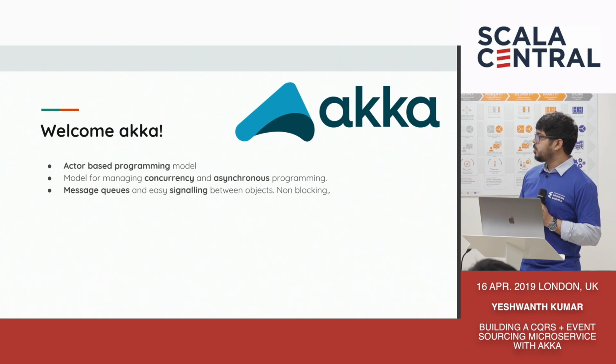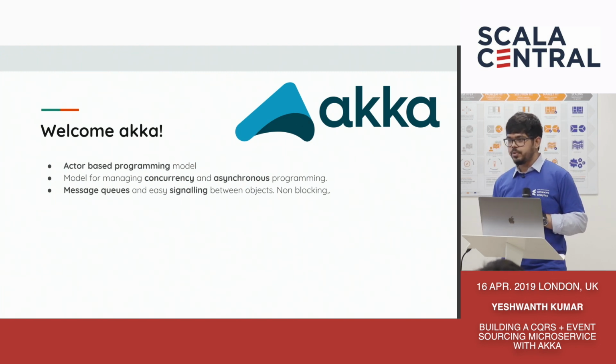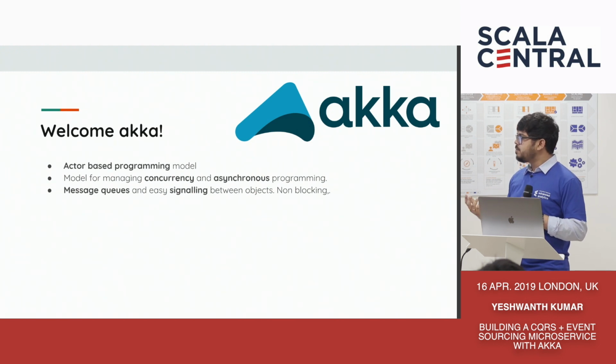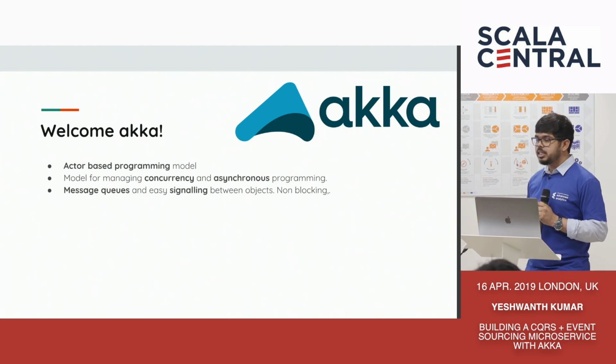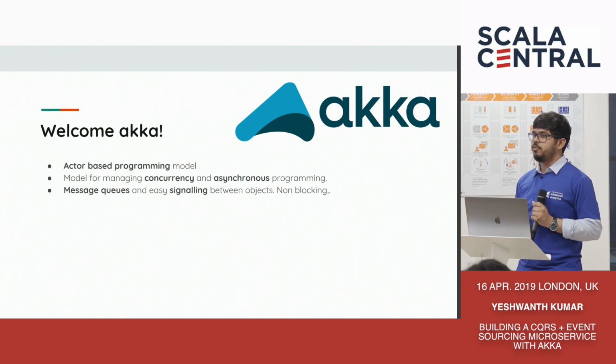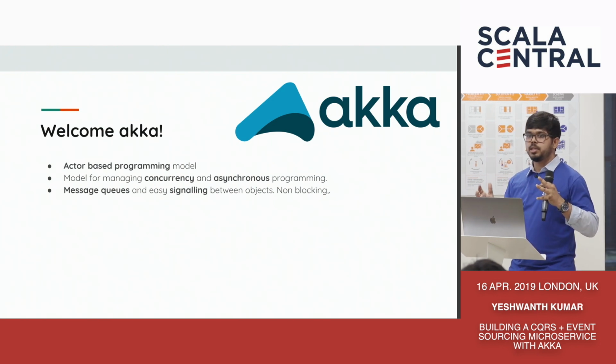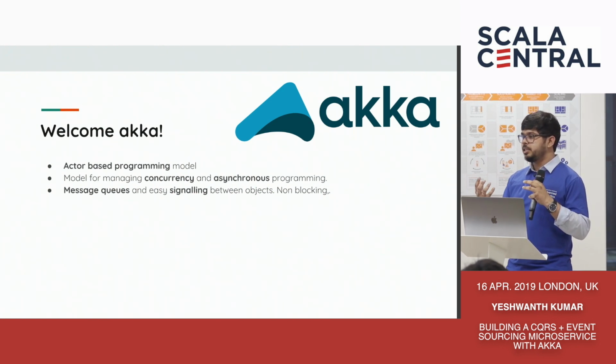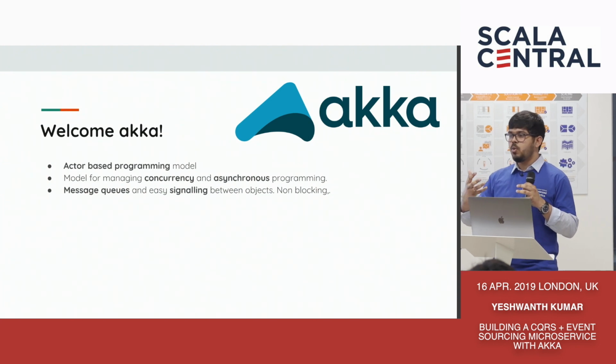So the quick introduction of Akka is that it's based on an actor programming model, right? And what it gives you is that it manages concurrency and asynchronous programming really well for you to quickly build distributed systems. An actor basically represents what a human can do and also what a computer can do.